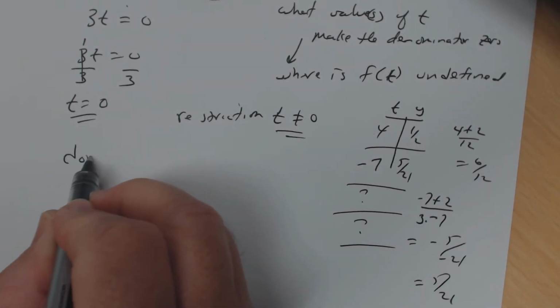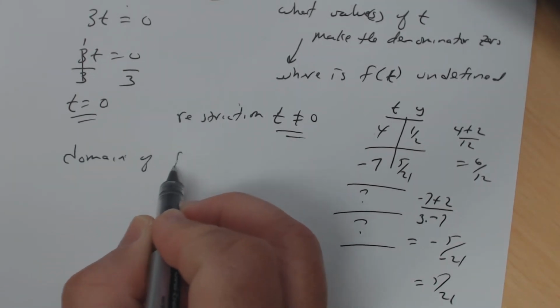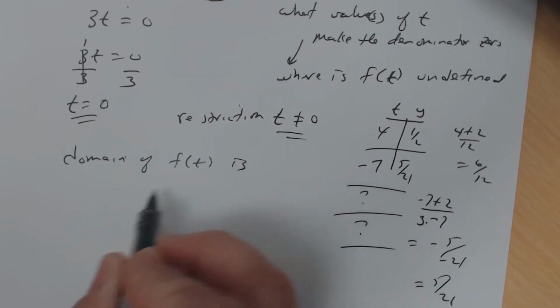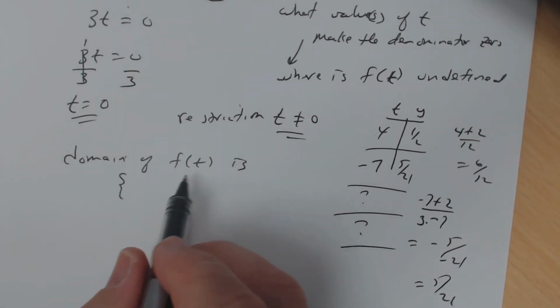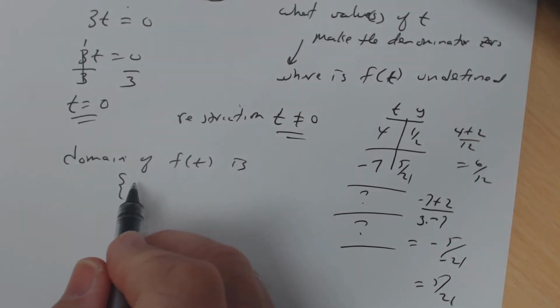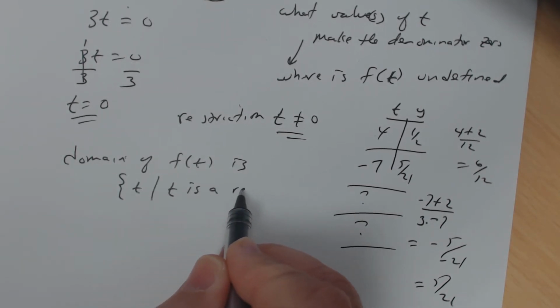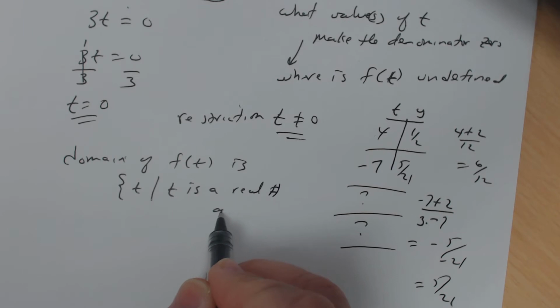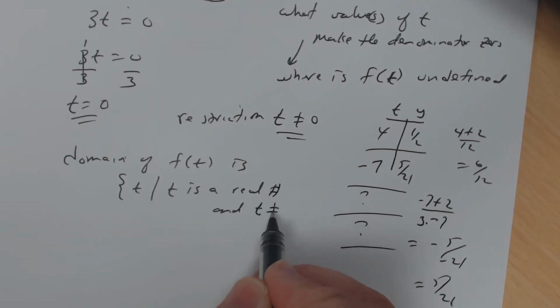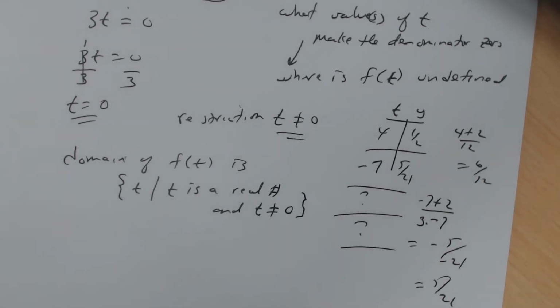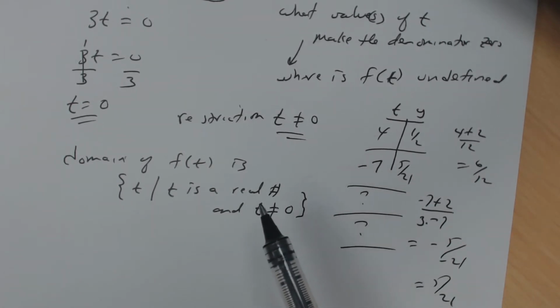The domain of f of t is the set of t's such that t is a real number and t cannot equal 0. So that's how you write it. My domain is an infinite set of numbers except 0. I can't use 0. It's anything else but 0. All right?